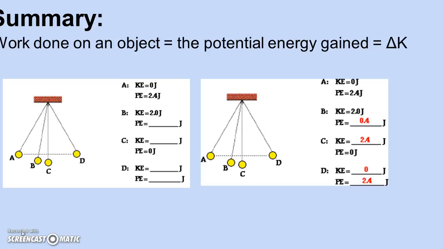In this case, we see that at point B, the kinetic energy is 2 joules. At point A, we knew that the potential was 2.4. So the balance of energy at point B must be in the form of potential at 0.4 joules. When we reach point C, all of the potential energy, 2.4 joules, has been converted to kinetic energy.